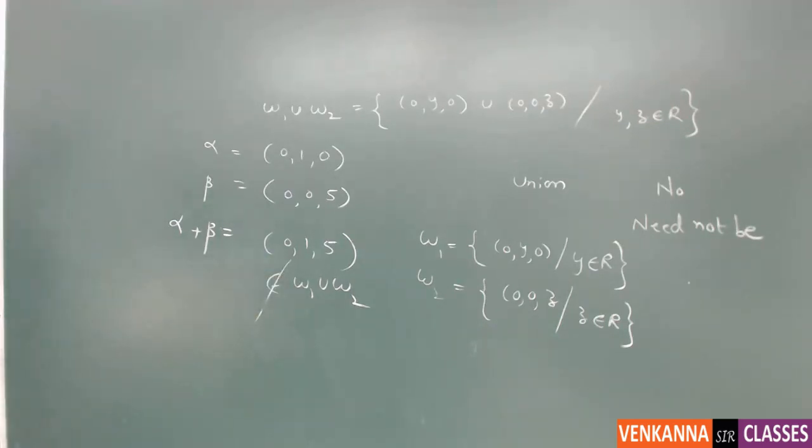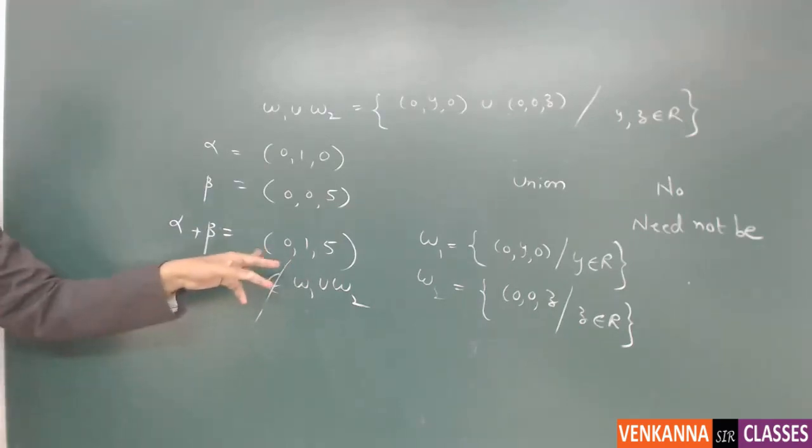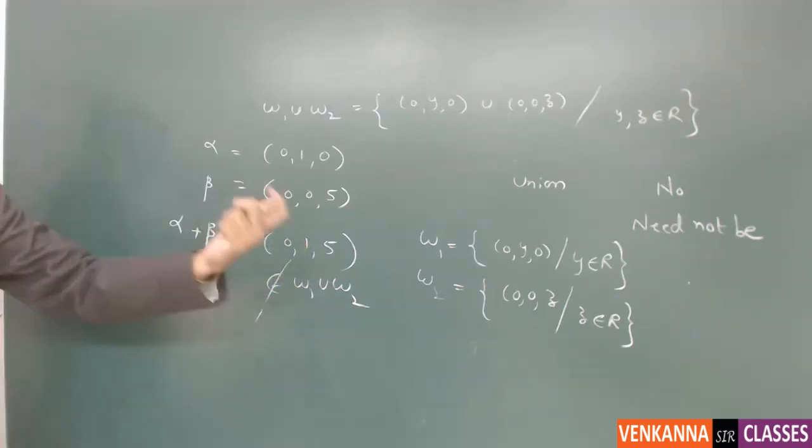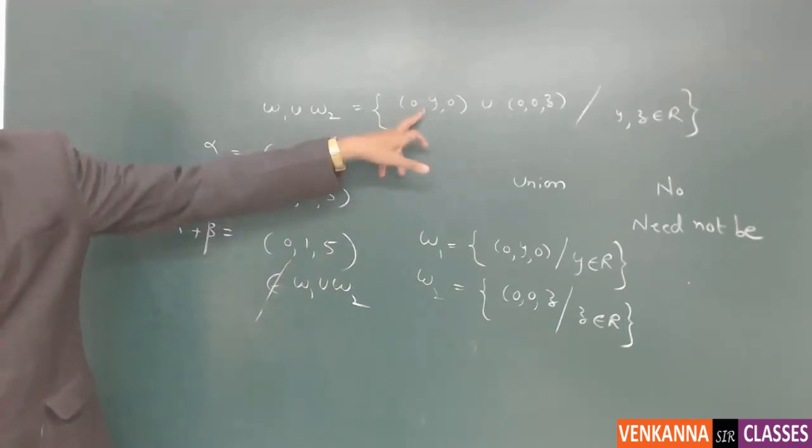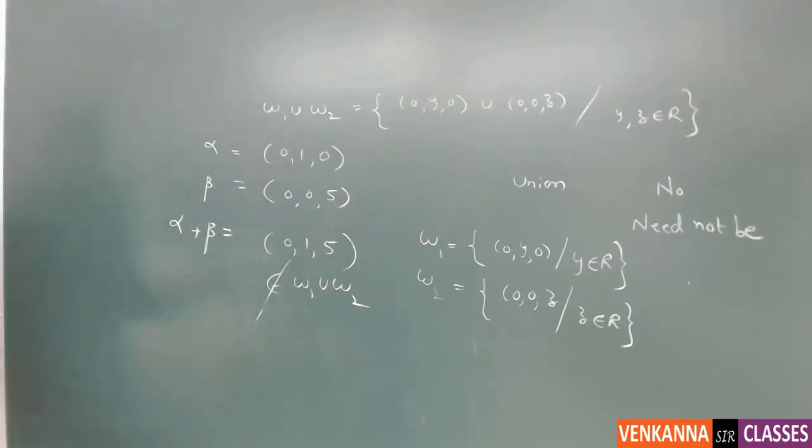So what happened here? Alpha belongs to the union, we confirm that. Beta belongs to the union, we confirm that. But alpha plus beta does not belong to the union because the result is neither of the forms, neither form 1 nor form 2. You cannot confirm that the vector belongs to that set.